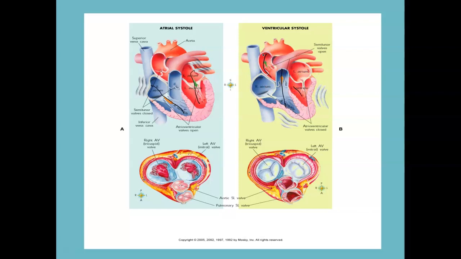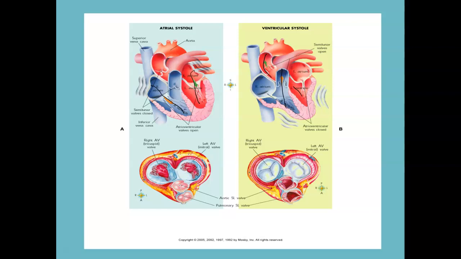So this back and forth action between the semilunar valves and the bicuspid and tricuspid valves, or the mitral and the tricuspid valves, is important because it keeps blood flowing in one direction, in then out, in then out. It's also rhythmically organized such that the lungs are able to recharge the blood with oxygen and release CO2 into the environment.